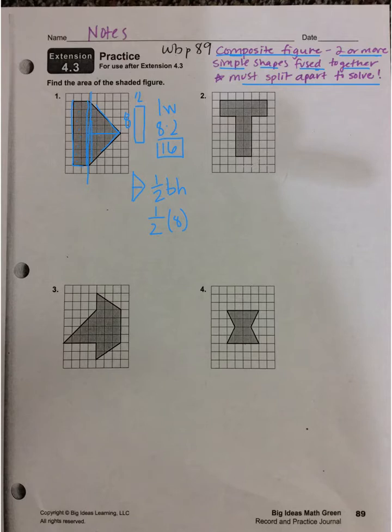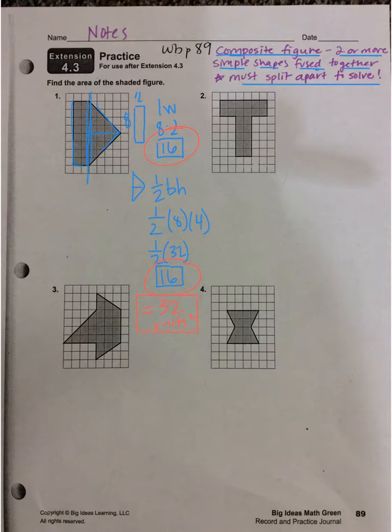The height is 4. It would not matter if you changed those. So 1/2 of 32 is 16. The 16 from up here and the 16 from here equals 32, and that's units squared. That is my total area for number one.